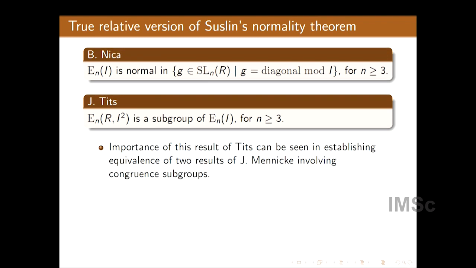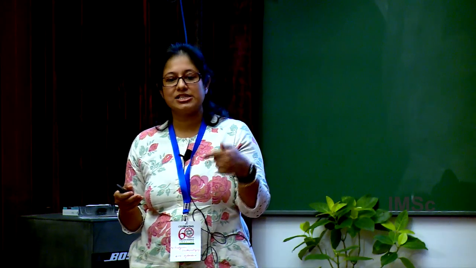Not only that, all the diagonal entries are of the form 1 plus x, where x is in the ideal square. He termed that result a counterpart of the previous result he proved in 1965. But in this paper, Nica showed that these 2 results are actually equivalent, and that equivalence was established using Tits's result.